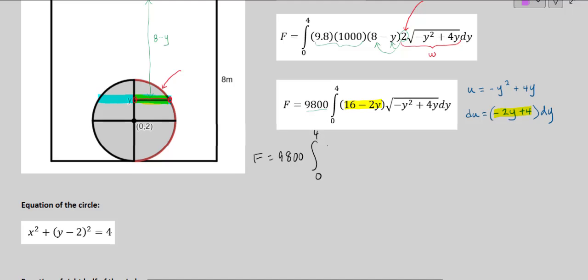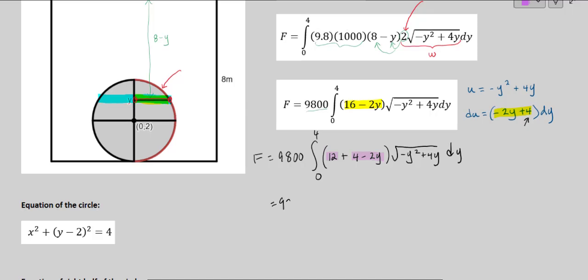If we want to match this negative 2y plus 4, I'm going to write this as 12 plus 4 minus 2y, multiplied by the square root of negative y squared plus 4y. And then we are going to distribute the square root to those 2 quantities.